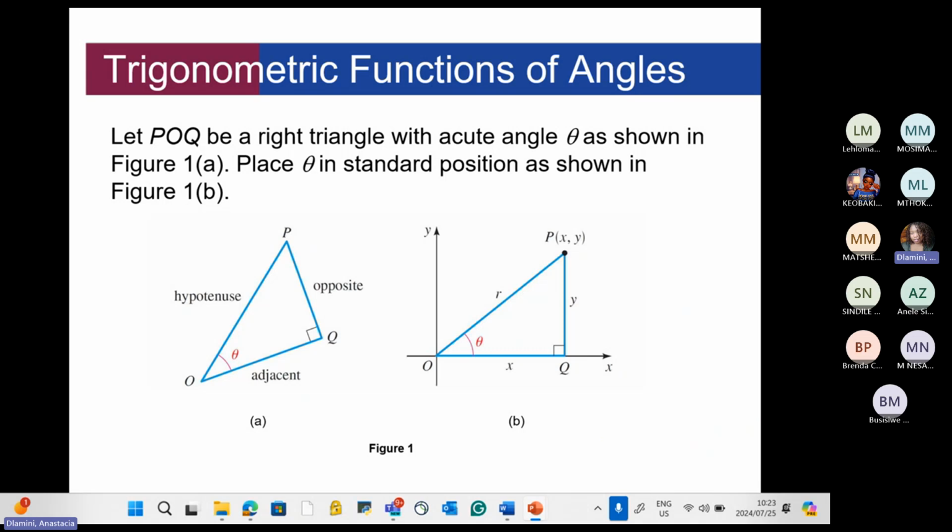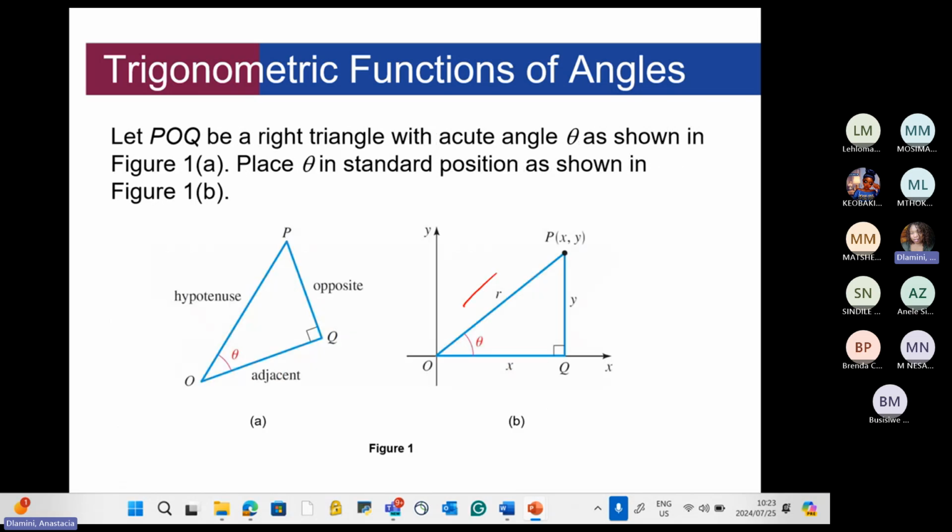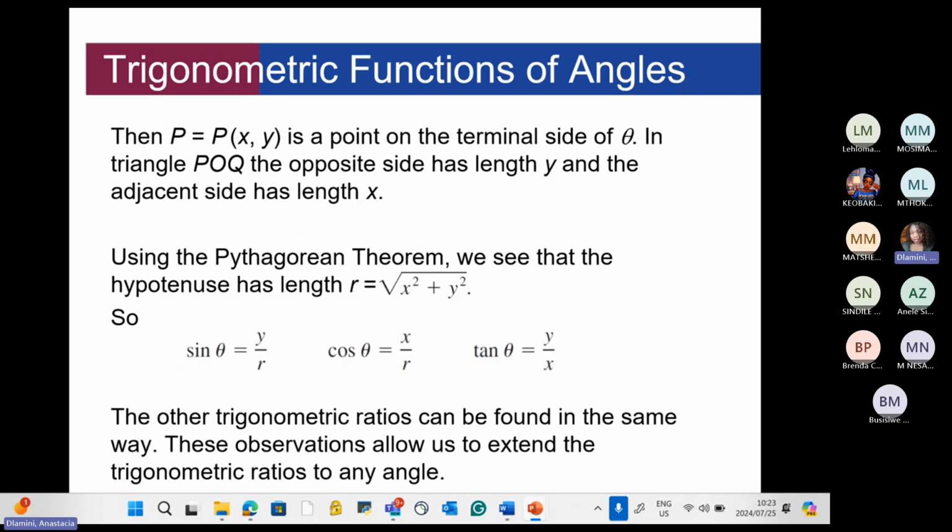So if you don't remember, go back. Make sure when you're writing these things that we talked about before the recordings, go back to your work as well. Now they say P is equal to (x, y), a point on the terminal side of theta. In triangle POQ, the opposite side has length y.